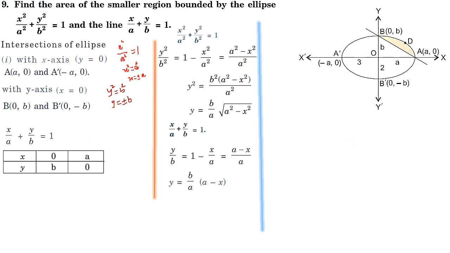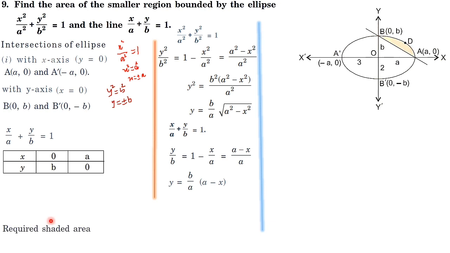Now when we check, I asked to find out the area of the smaller region bounded by the ellipse and the line. Smaller region means when this line comes into the ellipse, it is divided into two sections, and the bottom is the bigger section and above the line is the smaller section. So that smaller shaded area we have to find out.